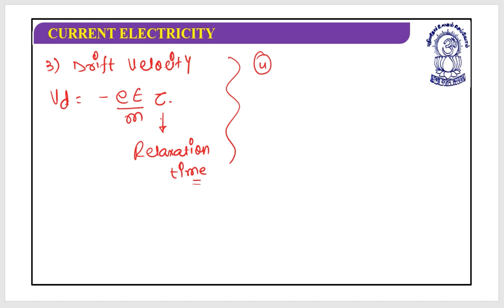Next, J is equal to sigma into E. Yes, this is the conductivity of a conductor.